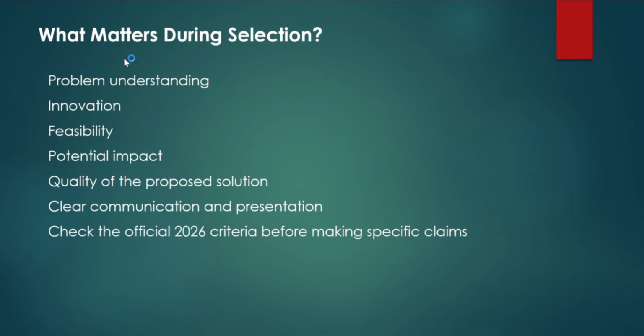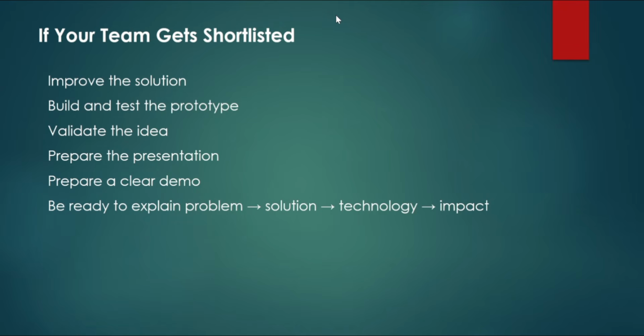Next, what matters during selection? During selection, they check your problem understanding, how far you understand the problem, your innovation skills, how feasible the solution is, and what impact it has on society. Next, quality of the proposed solution, and how clearly you communicate and present. And if your team gets shortlisted, what you need to do.